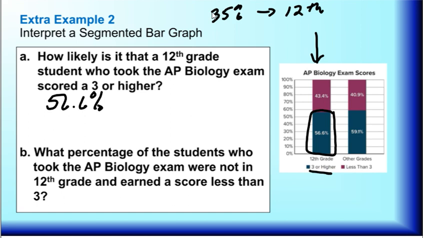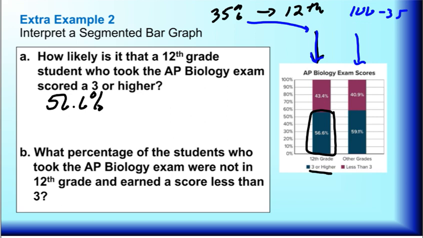Letter B, what percentage of the students who took the AP biology exam were not in 12th grade and earned a score less than 3? So if this column right here, the 12th grade column, is 35%, that means this bar has to be 100 minus 35.